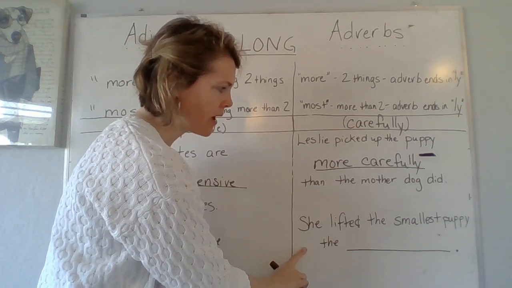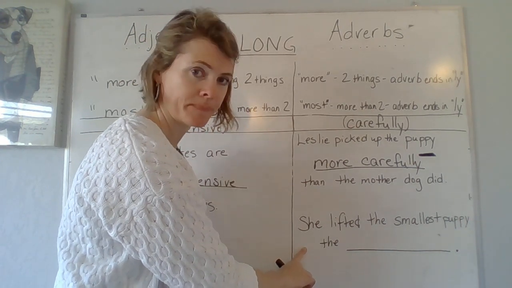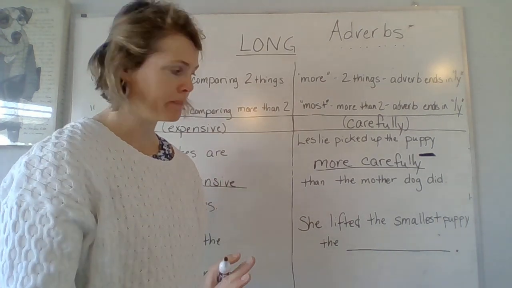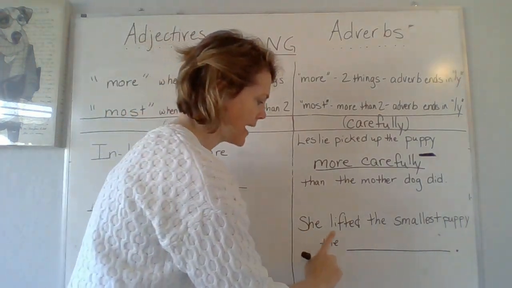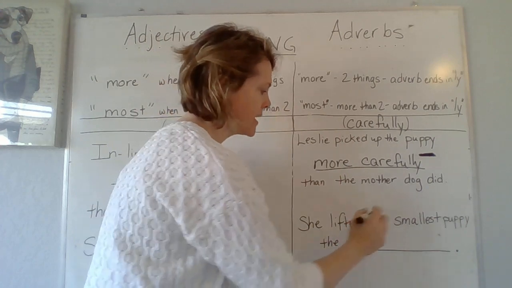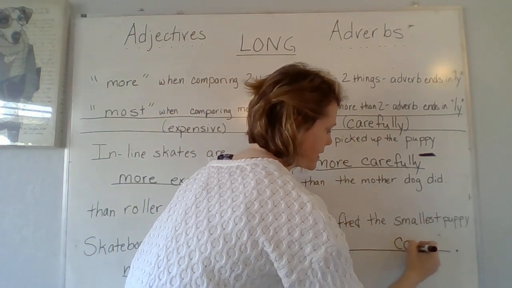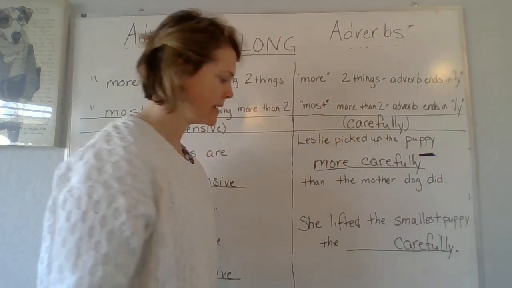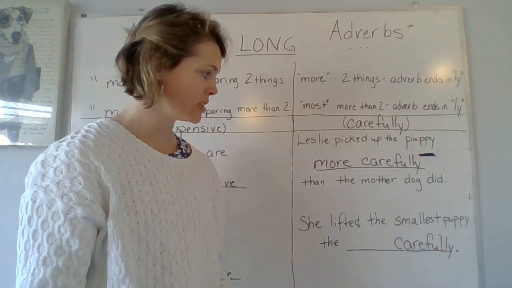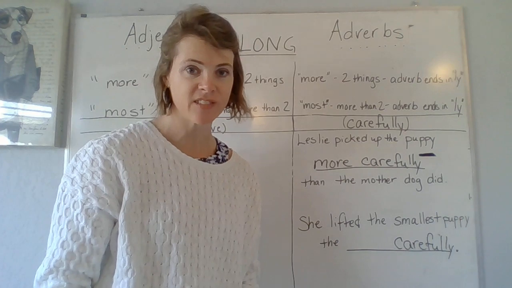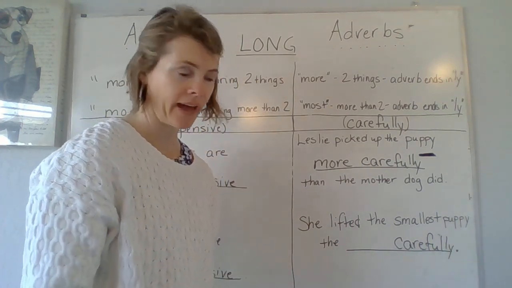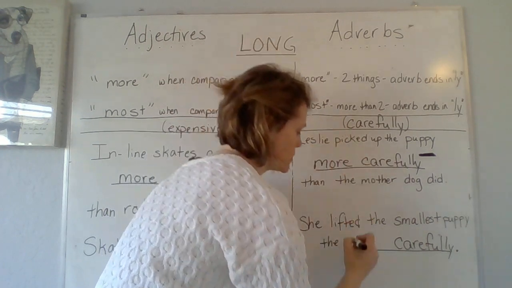How about this one? She lifted the smallest puppy, blank. This is comparing her picking up all of them. And so that has more than 2 things. So I'm going to leave carefully here. And instead of saying she lifted the smallest puppy the carefulest, it's not a word, since carefully is a long adverb, we use most.